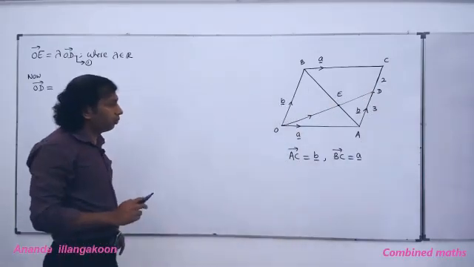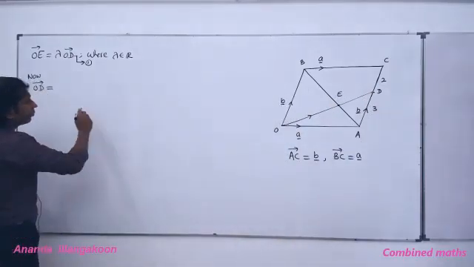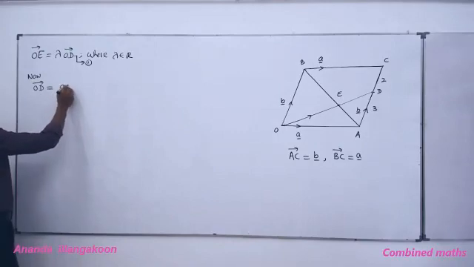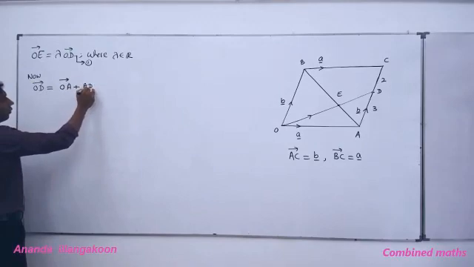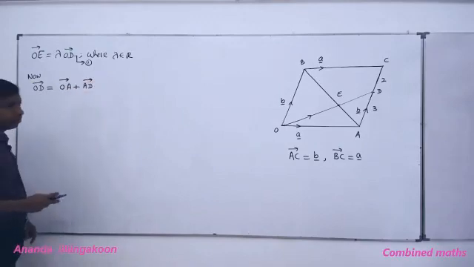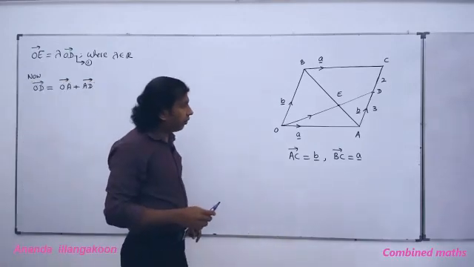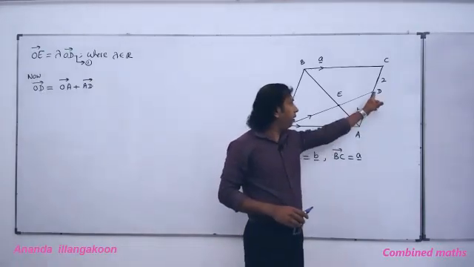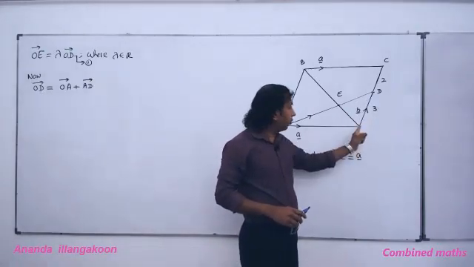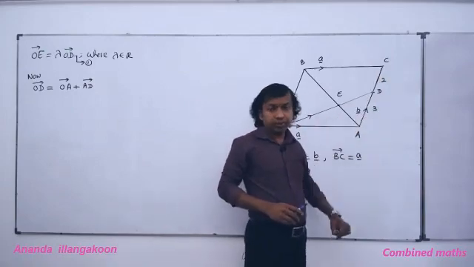OD vector is equal to OA plus AD. And can you tell me how to write this AD vector in terms of AC vector?